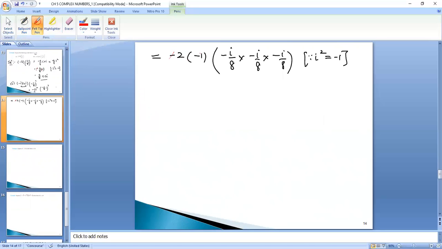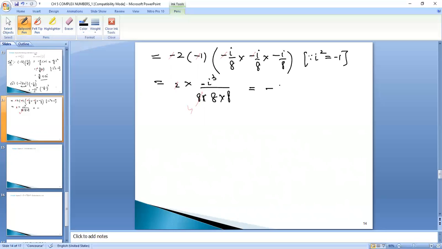Now minus minus cancel, this minus minus cancel, right? So it is 2 into minus iota, minus minus iota into iota into iota, iota cube upon 8 into 8 into 8. This 2 fours are 8, right? And it is minus iota cube.